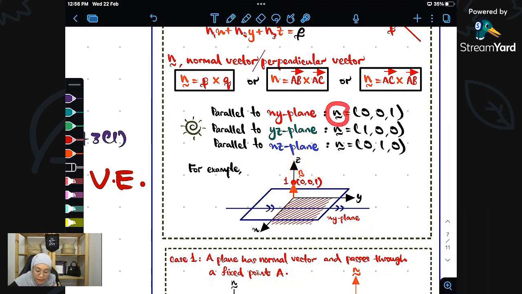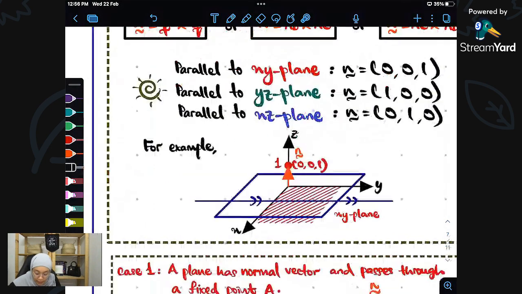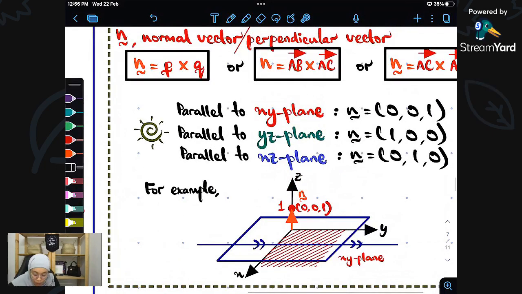Normal vector is 0, 0, 1 sebab 1 unit lah basically, 1 unit, okay? Tapi kalau you tutupkan pula YZ plane, so this is YZ plane tau. Kalau you lorekkan pada YZ plane, you akan nampak the normal vector is actually at the X, which is 1, 0, 0. This is the normal vector pula, 1, 0, 0.